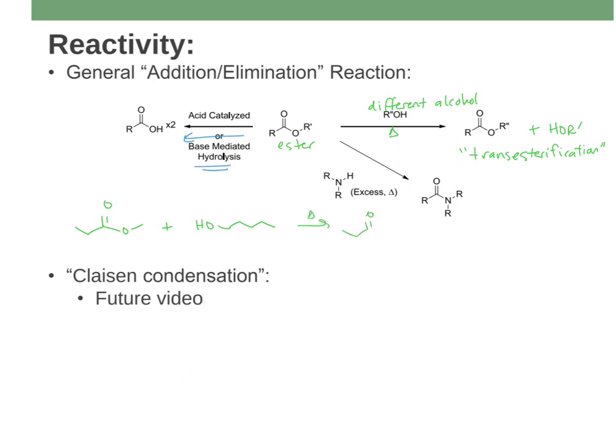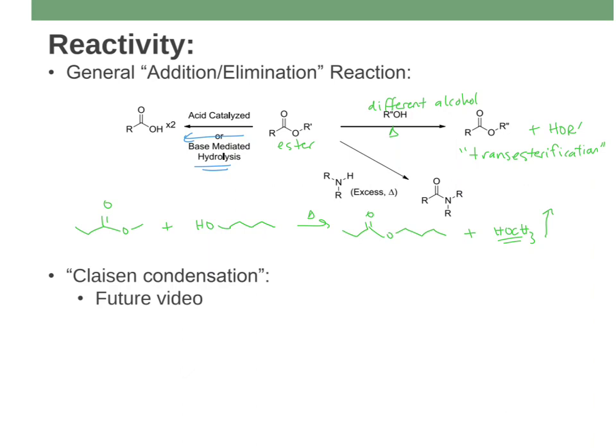You could just heat them up like crazy and they will switch out. Usually this is driven by the fact that the alcohol that's being switched out is smaller and therefore it can be boiled away so that you drive it forward using Le Chatelier's principle. But it's a way to change one ester type into another ester type, transesterification.